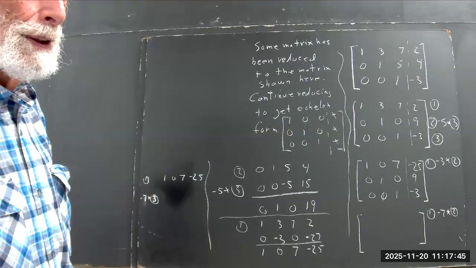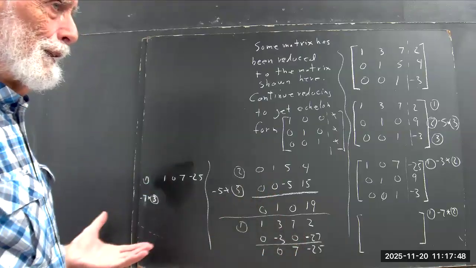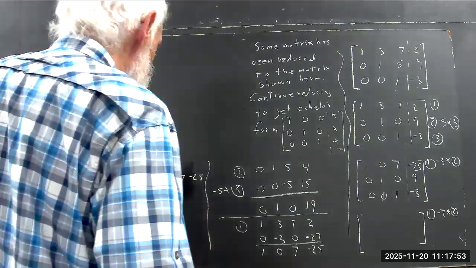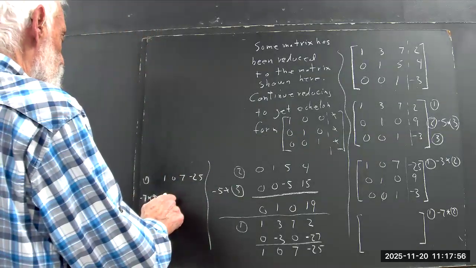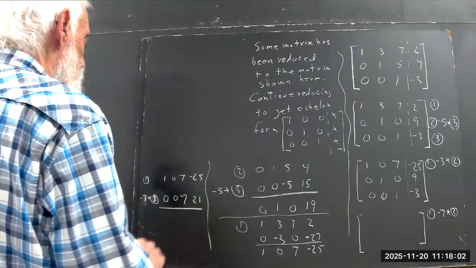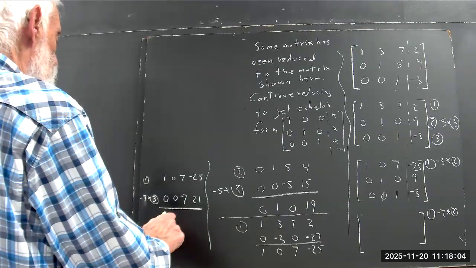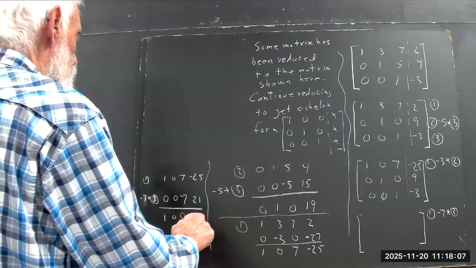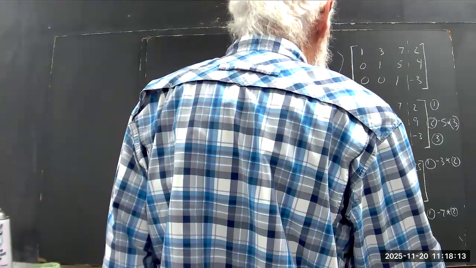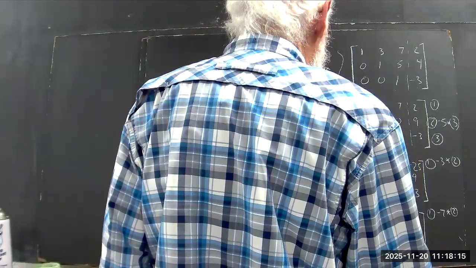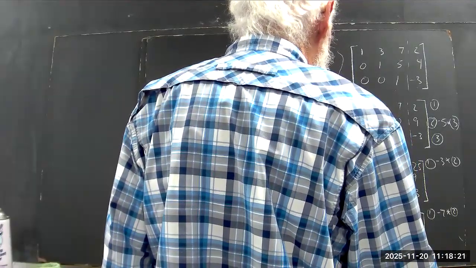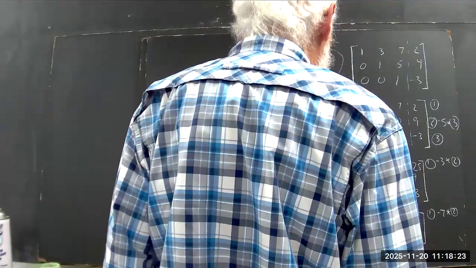See how easy it is to make a mistake? I got what I did in my head here, and somehow it's coming out in the wrong place. So you got to be very careful. You got to get 0, 0, negative 7, and you're going to get plus 21. And that's going to give you 1, 0, 0, negative 4. So I think we get 1, 0, 0, negative 4, 0, 1, 0, 9, 0, 0, 1, negative 3.